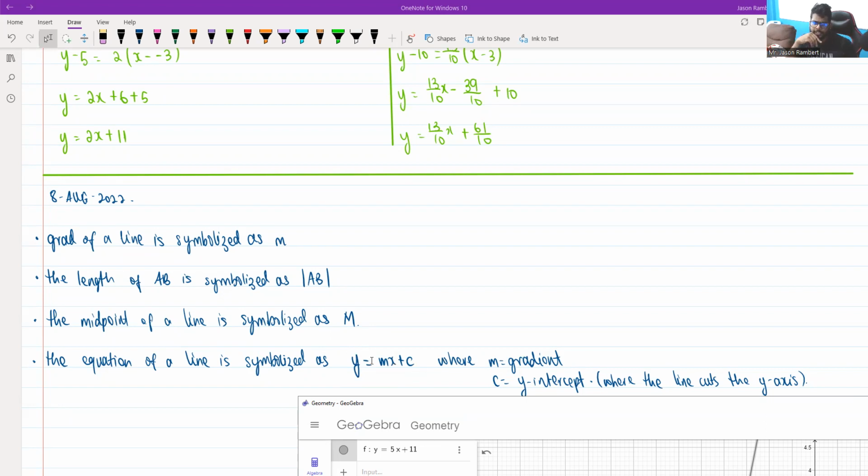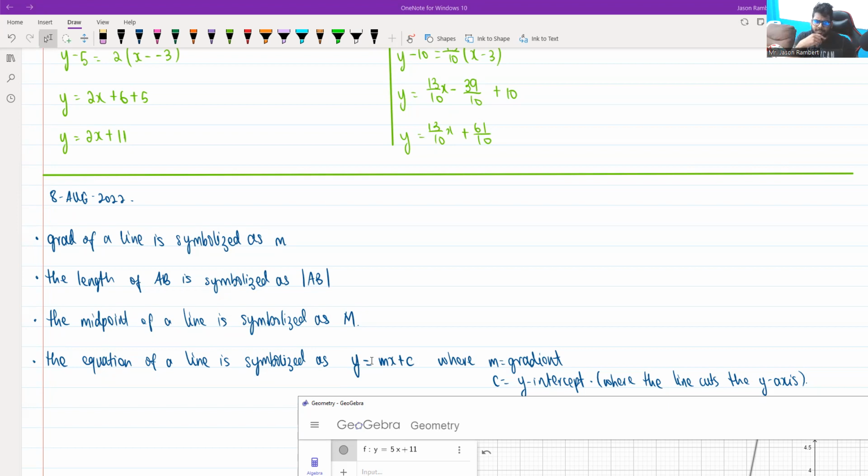What is the gradient of this line? 5. Very good. Now, some of you might say it's 5x. Remember, the gradient is a number. The gradient is the number in front of x. The number in front of x is 5.